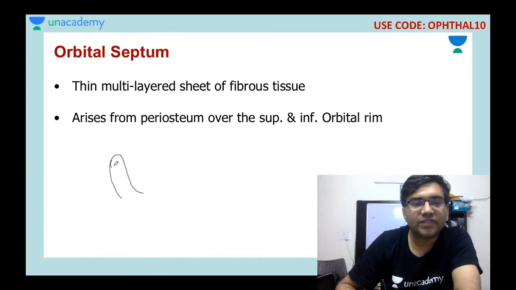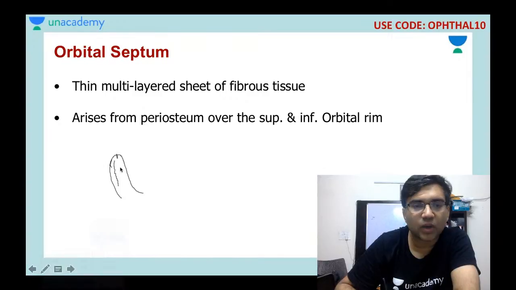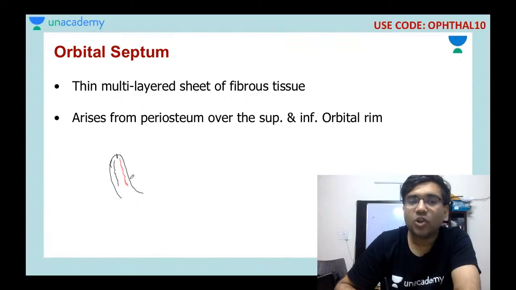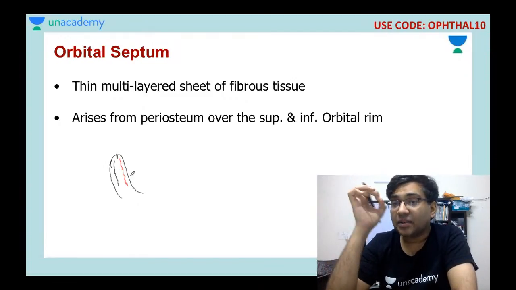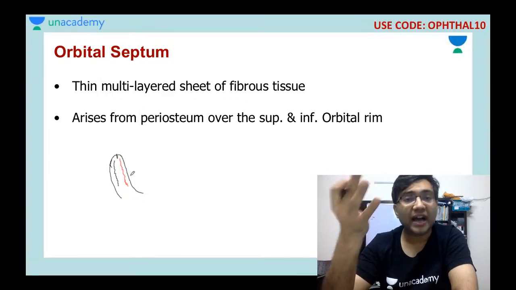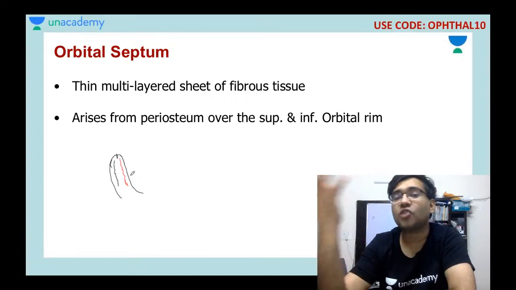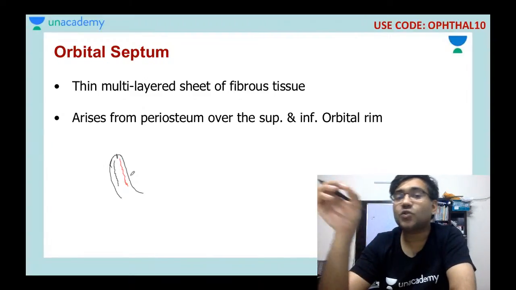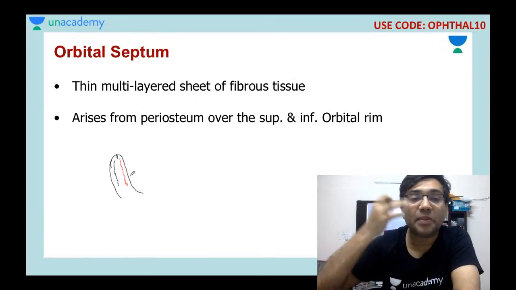If this is your orbicularis, then we have the gray line, and beneath it we have a multi-layer tissue, a fibrous network, which is called the septum. It provides the structural framework or toughness to the eyelid. The eyelid does not sag because of the septum. This arises from the periosteum of the superior and the inferior orbital rim.